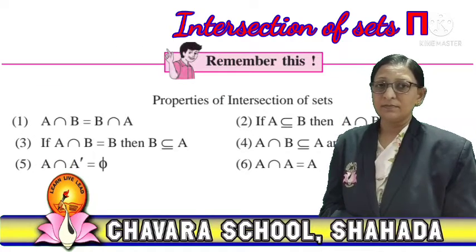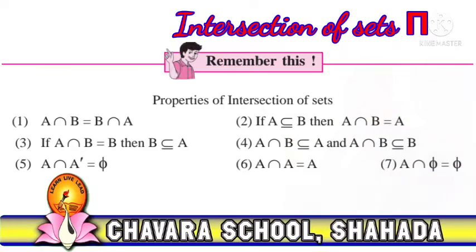Always remember: 1. A intersection B is equal to B intersection A. 2. If A is a subset of B, then A intersection B is equal to A. 3. If A intersection B is equal to B, then B is a subset of A. 4.